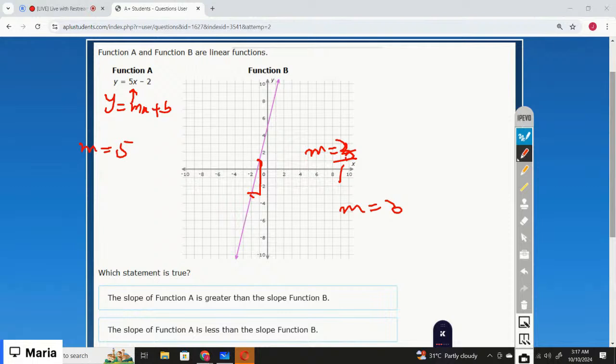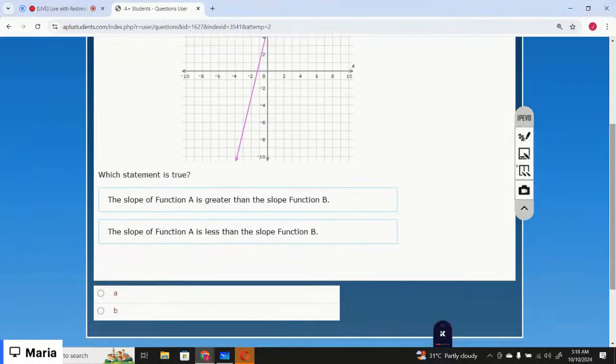Because A has the slope 5 and B has the slope 3. So the correct option is the slope of function A is greater than the slope of function B. A is the correct option.